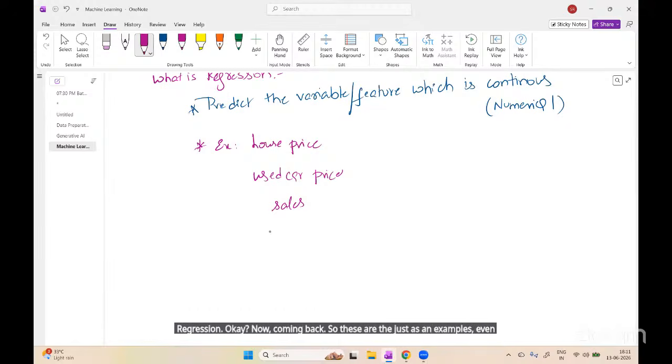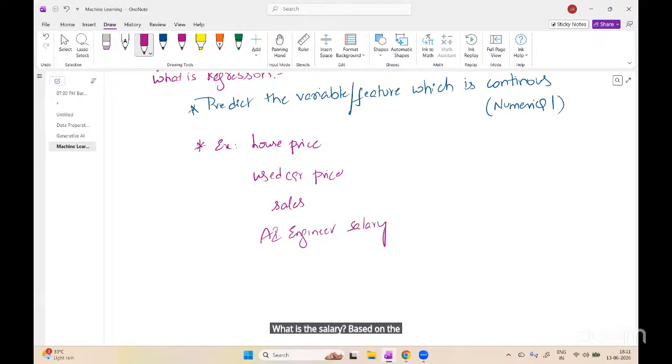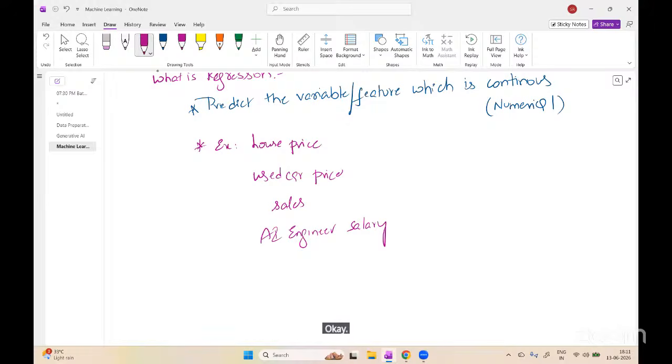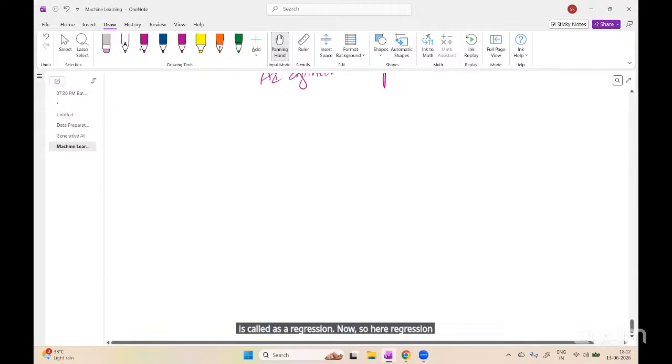Even if you have to estimate an AI engineer's or ML engineer's salary, what is the salary based on the skills and other input features we want to estimate. So estimating the variable or feature which is continuous is called regression. Here regression means estimation.